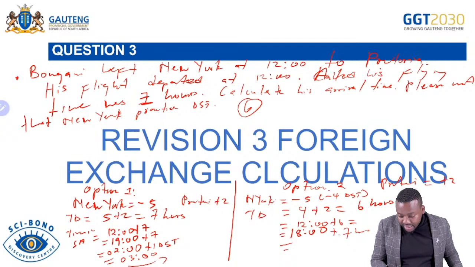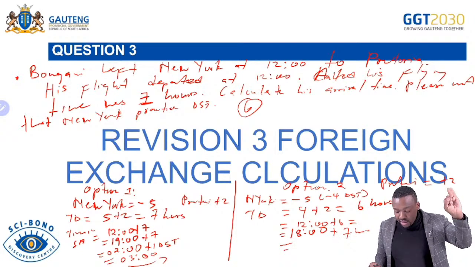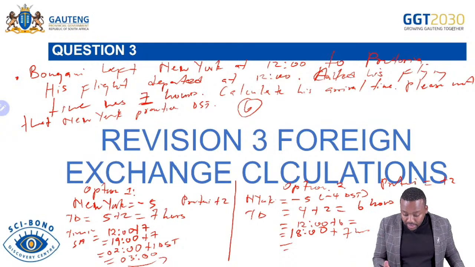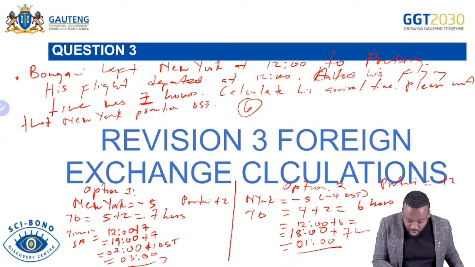Therefore, we have 18. And then this side, plus 7 flying time, 18, 19, 20, 21, 22, 23, 24, then 1. This 1 o'clock, and then this side it won't be. Let me just fix it. 2 o'clock.